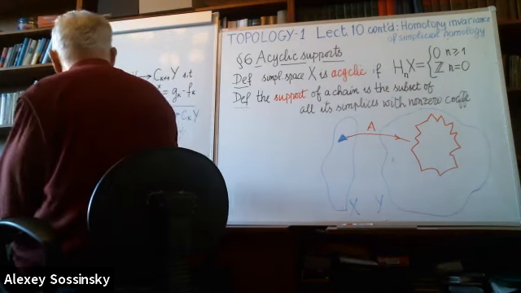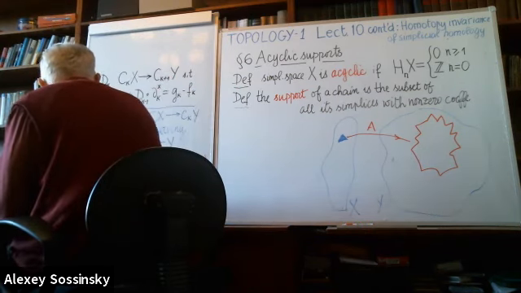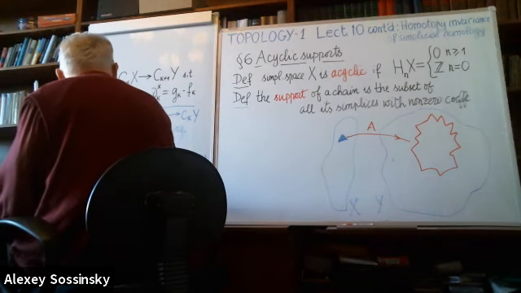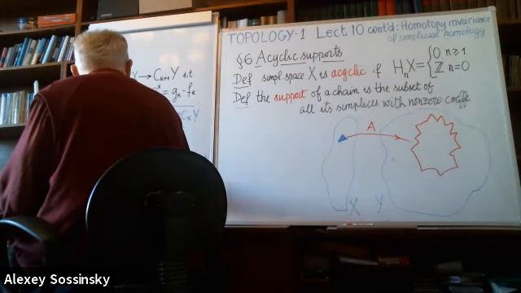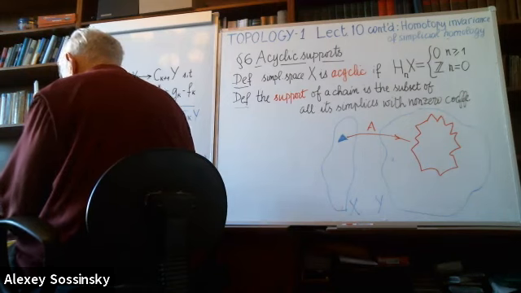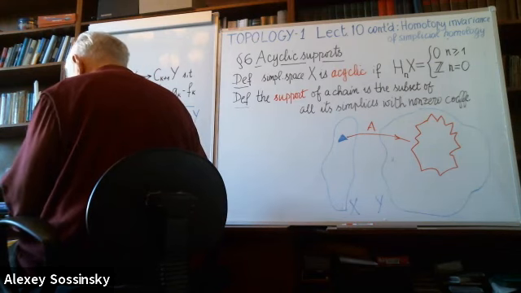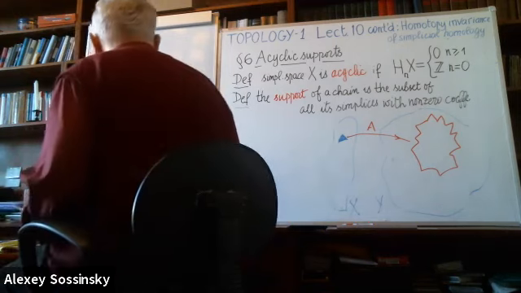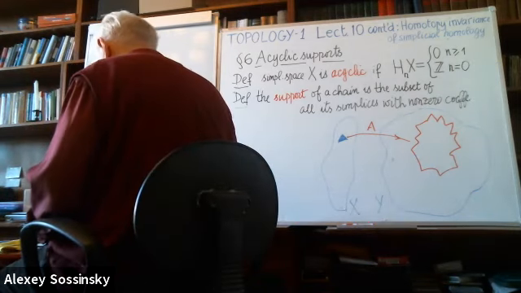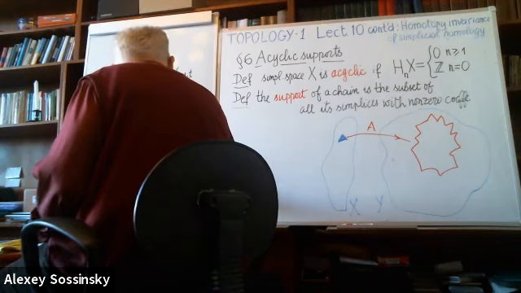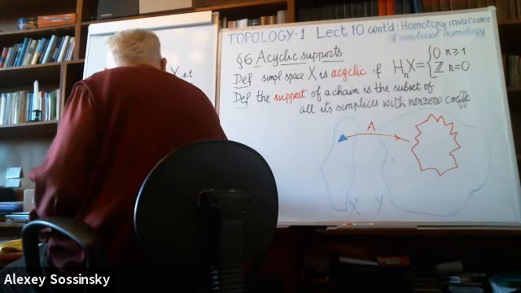And finally, we require that A of delta k supports the chain F k of delta k.